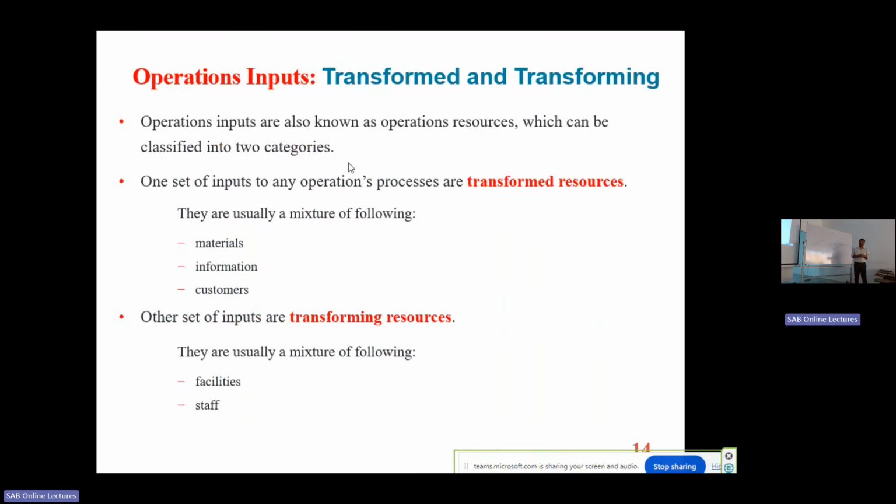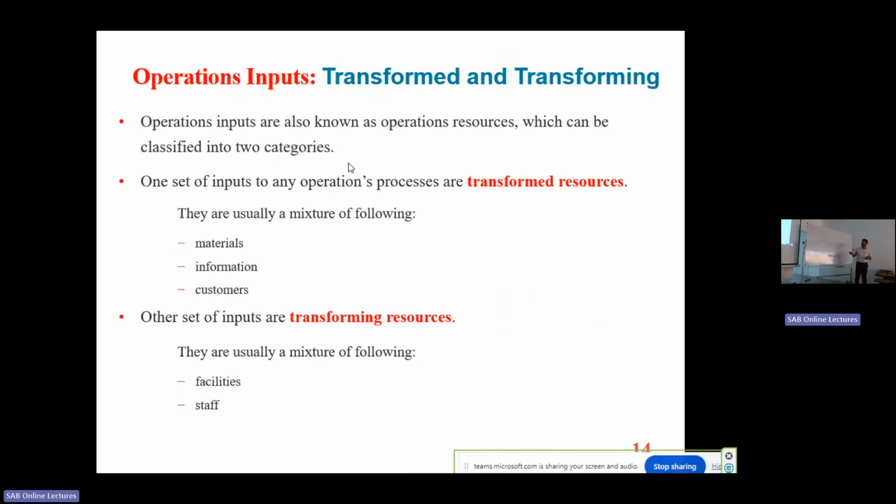The first one is operations inputs. Simply, things that we use in operations are called operations inputs. These are the operations resources used in operations. For study purposes, they are classified into two.